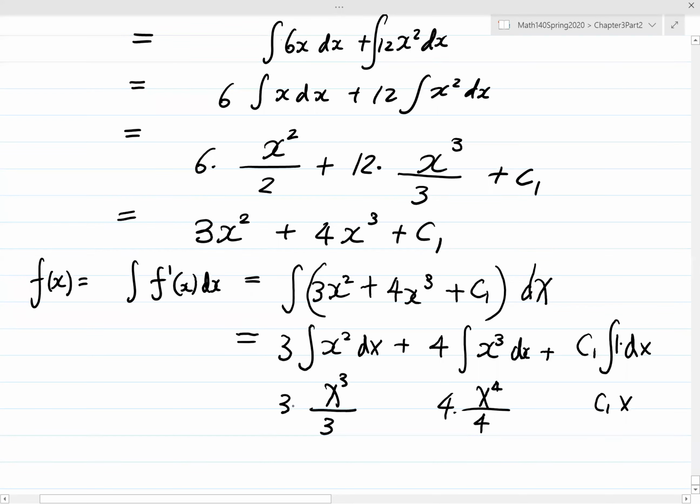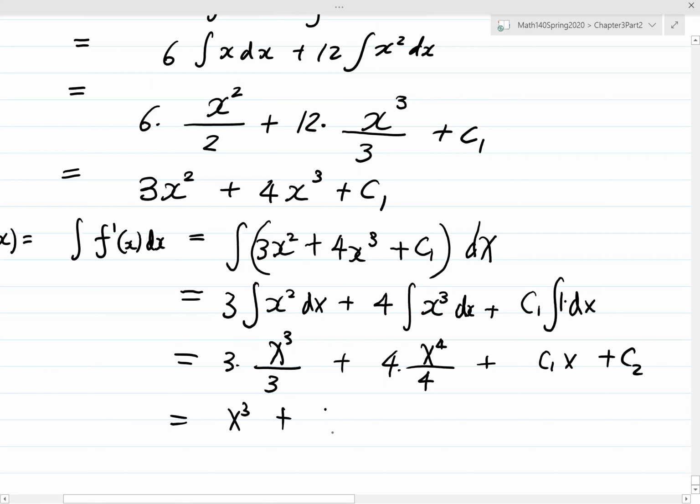Once you are done with every antiderivative, you write a constant c, at the end c2. So this will be x cubed plus x to the power 4 plus c1 x plus c2. So here you see we have two undetermined constants, c1 and c2.